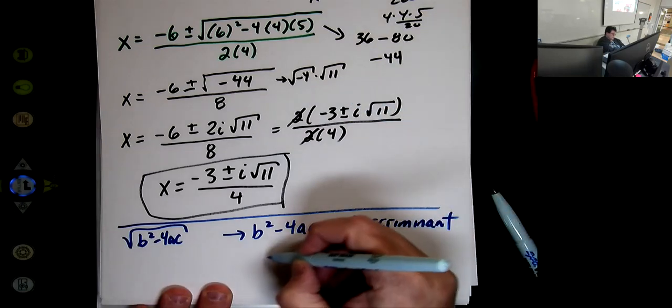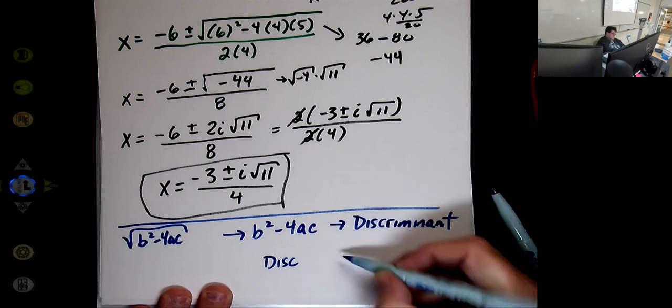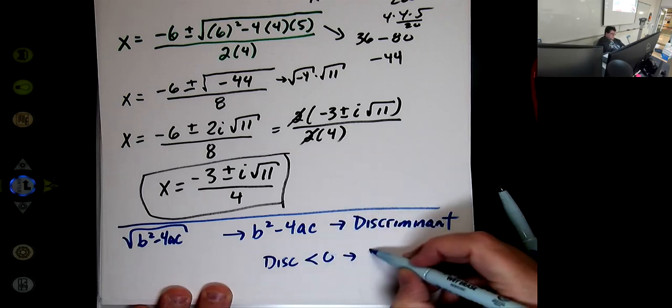If the discriminant is less than 0, we get complex solutions.